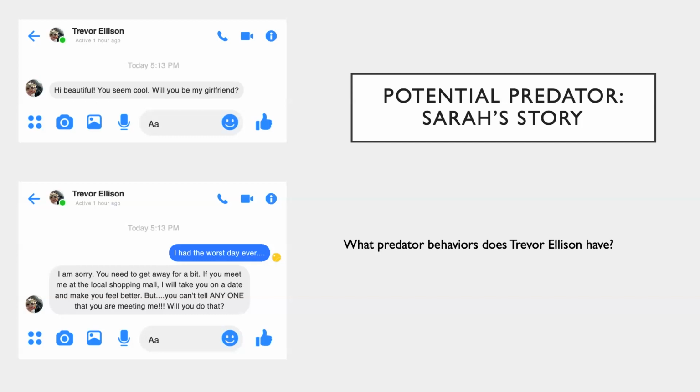So if you remember the basic characteristics and behaviors of these, you can really talk about which one is which. So for Sarah, Trevor here says, you can't tell anyone, and he capitalizes anyone, about me, and says, will you do that? So he makes her agree before they do anything else.